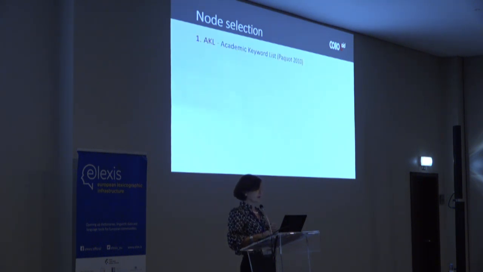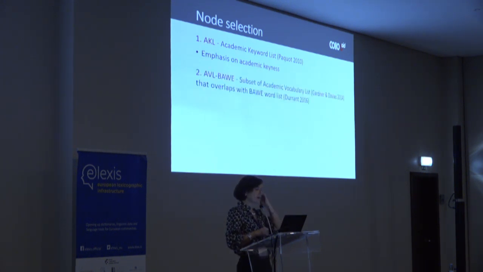Okay, the lists we used were the academic keyword list developed by Magali Paquot, and it emphasizes academic keyness. Then we used a subset of the academic vocabulary list, but the one which overlaps with student writing from the BAWE corpus. So it emphasizes novice academic writing vocabulary.